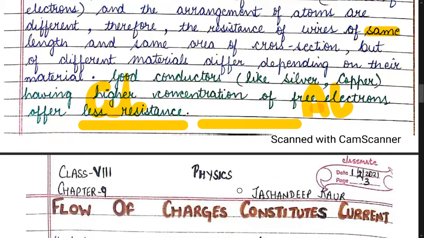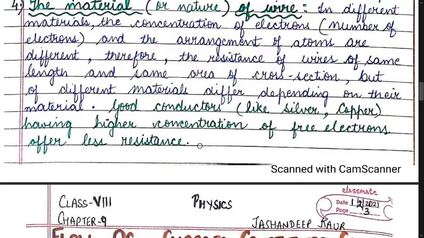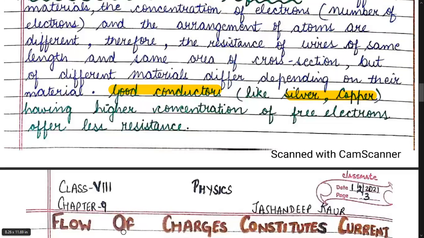Both are good conductors, but copper is a better conductor as compared to aluminium. So aluminium will offer more resistance. Therefore, the resistance also depends on the material of wire. Good conductors like silver and copper, which are having higher concentration of free electrons, offer less resistance.